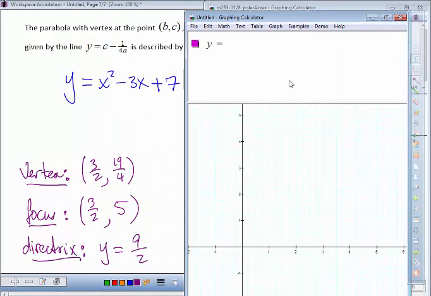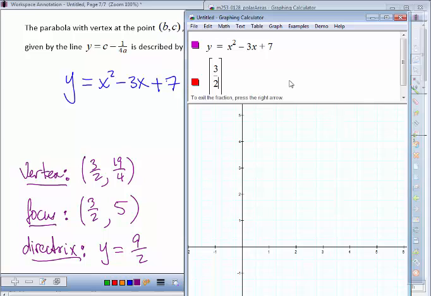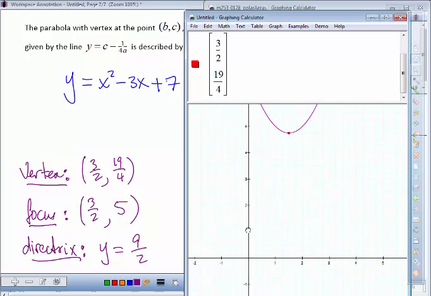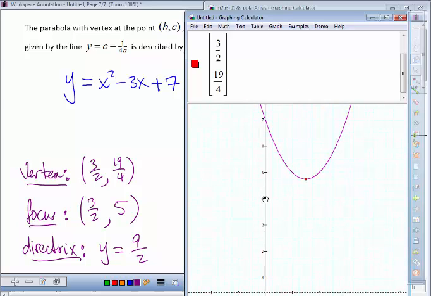So y is equal to x squared minus 3x plus 7. By the way, you can do all this in Wolfram Alpha as well, but I want to do a little bit more. So let's take a look at the point 3/2 and 19/4. So if we just graph that, this is what we see right away.